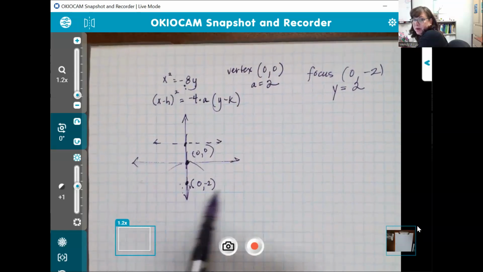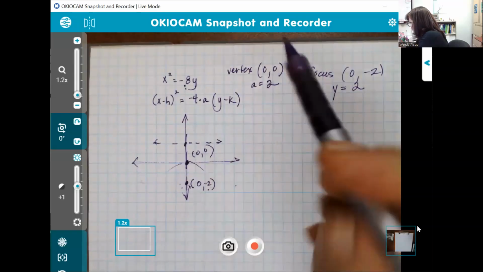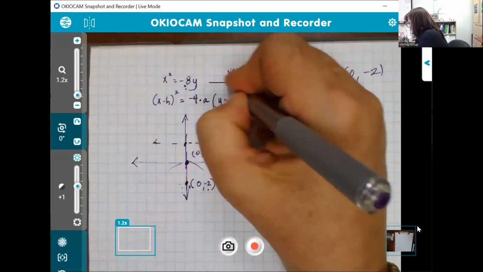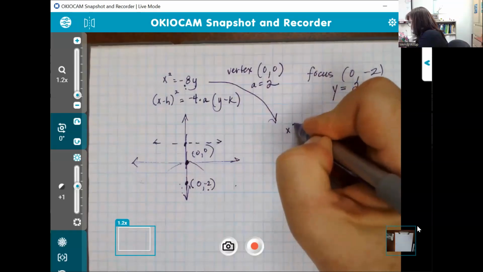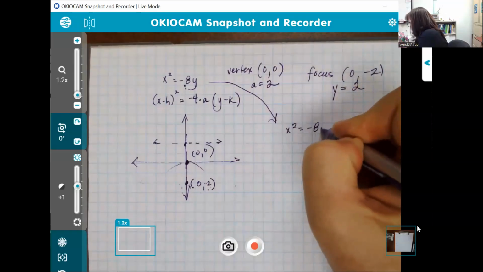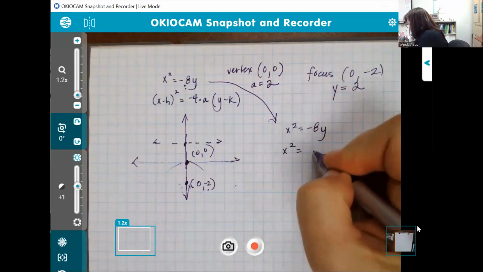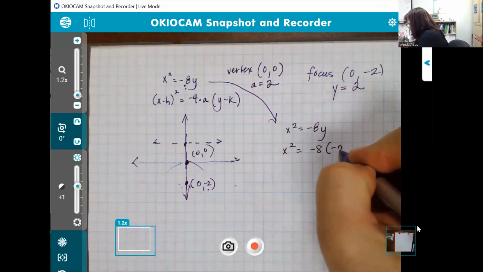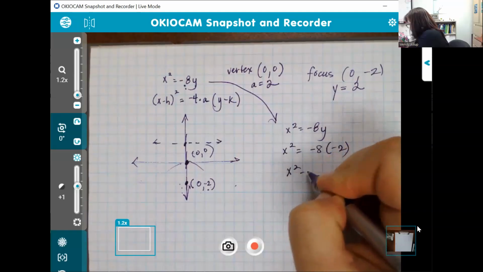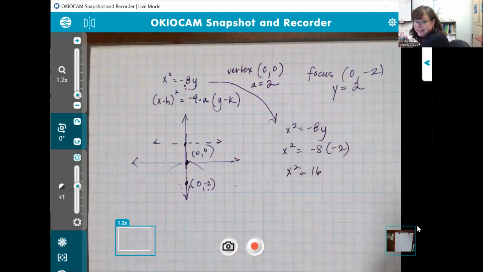Now I'm going to go left, right. So I'm going to use this y value of -2, and plug that into our original. Here's our original: x squared equals -8y, and I want to plug in -2 here. x squared equals -8 times -2, so x squared equals +16.